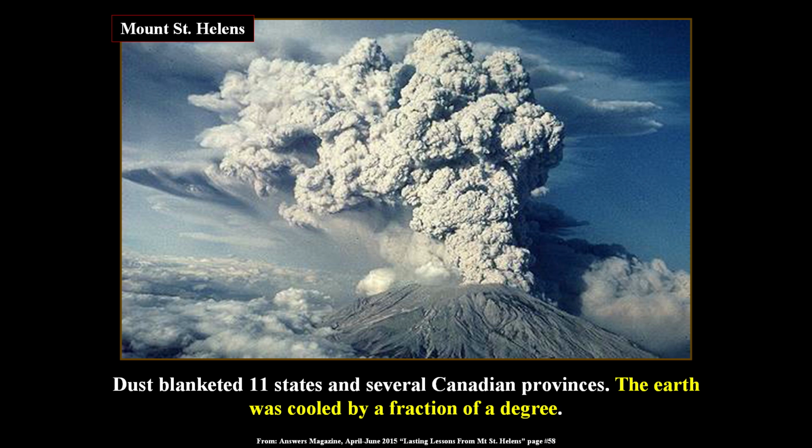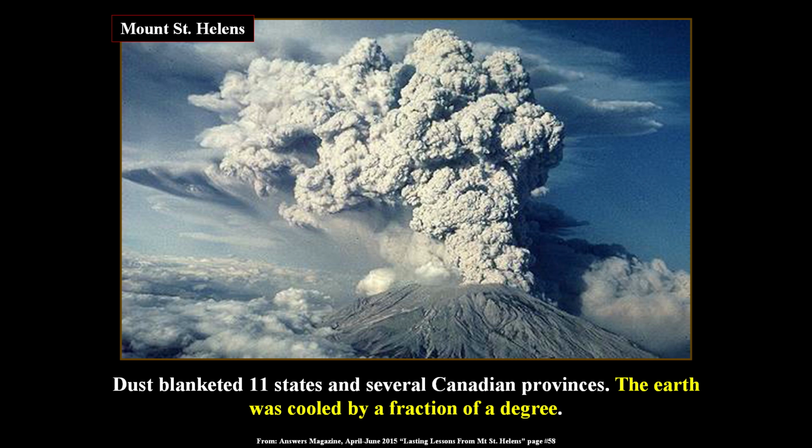But you can see it more if you've got multiple volcanoes going off, which Michael Oard is stating would have happened over a period of a few years. You would have the aerosols and the dust being replenished over and over again, and that could cool the earth enough to have an ice age.